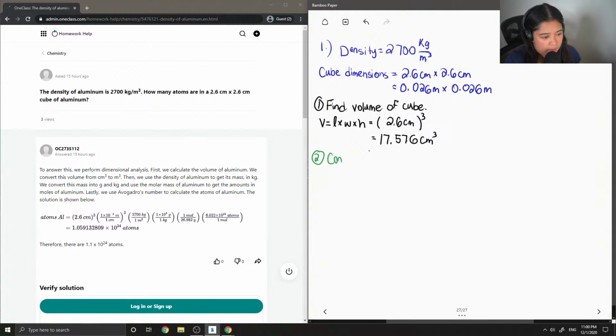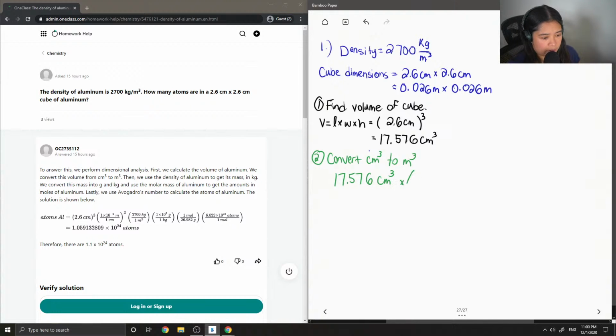Now I'll add another step of converting centimeters cubed to meters cubed.